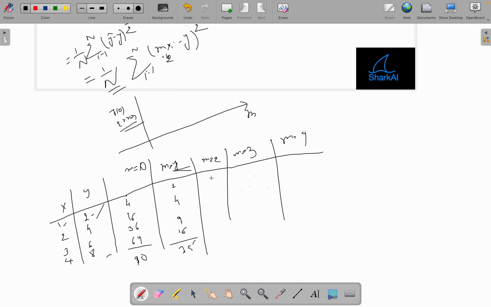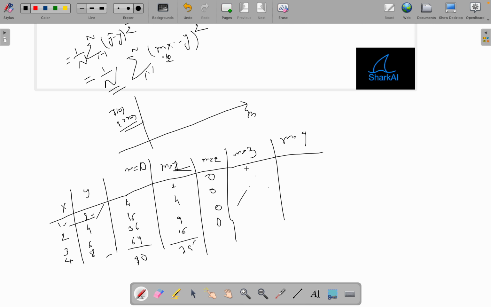Okay. Similarly for m is equal to 2. Okay, so as you put m is equal to 2, so 2 into 1, 2 minus 2, 0. 2 into 2 minus 4, that is 4 minus 4, 0. 3 into 2 minus 6, 6 minus 6, that is 0. And similarly this one will also be 0.